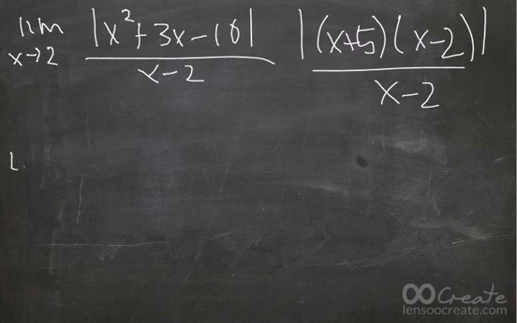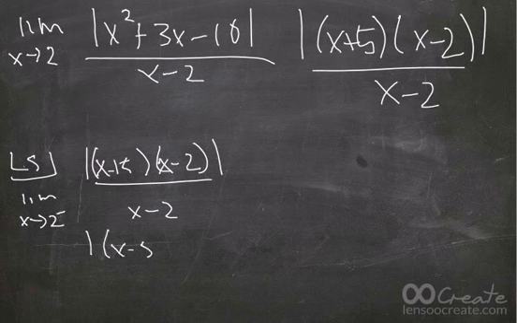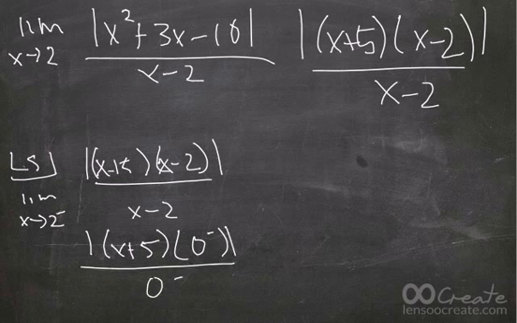So from the left-hand side, we get the limit as x goes to 2 from the negative side of the absolute value of x plus 5 times x minus 2 all over x minus 2. And when you plug that in, you get x plus 5 times 0 from the left side all over 0 from the left side.